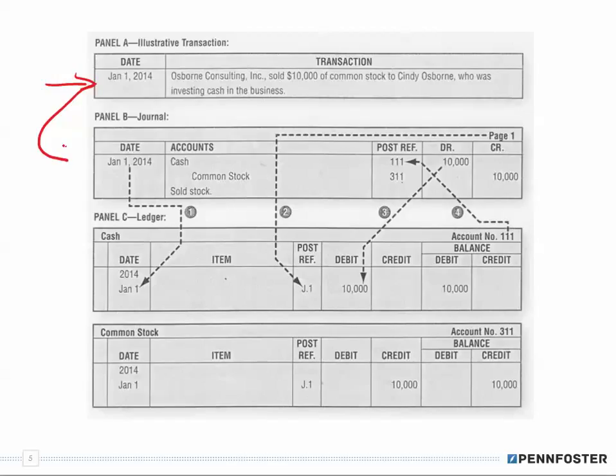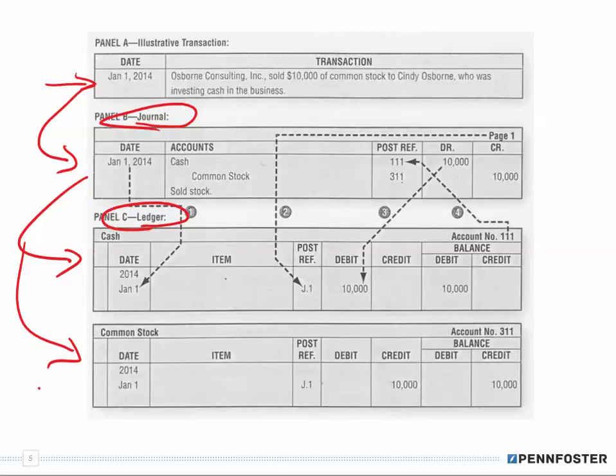So you take that transaction and you figure out what the journal entry is, and you put it in the journal. Now, when you have all of these journal entries in the journal, everything is all mixed up, so we have to post them to our general ledger accounts, and that rearranges the information so that we're combining like information together.